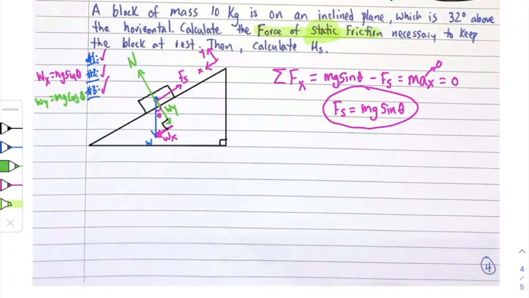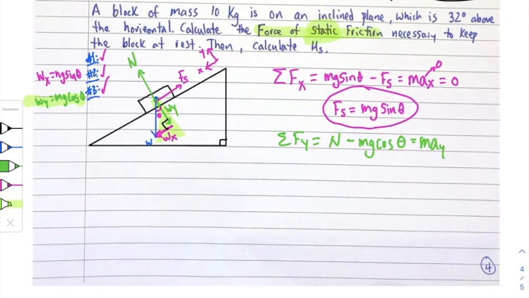All right, now let's sum our forces in the y. So in the y direction, you can see the normal force is going up and over to the left like this, and that's lined up perfectly with our y vector, so it's just N minus, if we look here, Wy, or our weight here in the y direction, which we said was equal to mg cosine theta, minus mg cosine theta equals May.